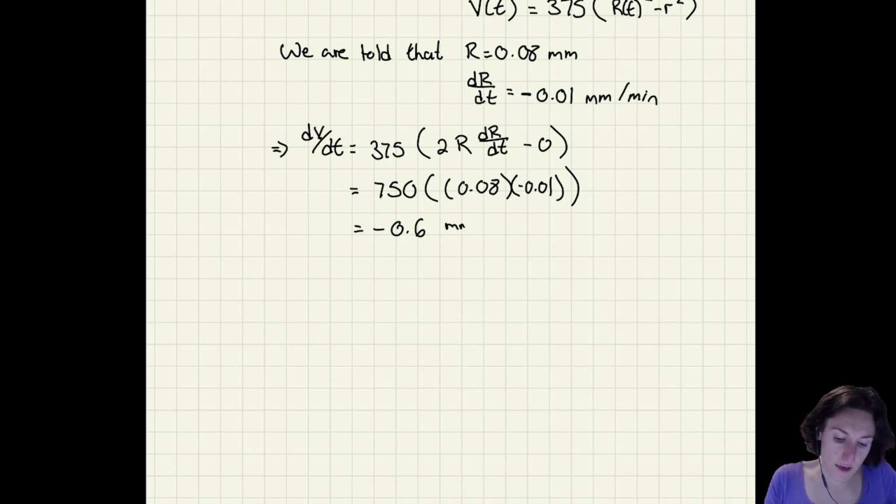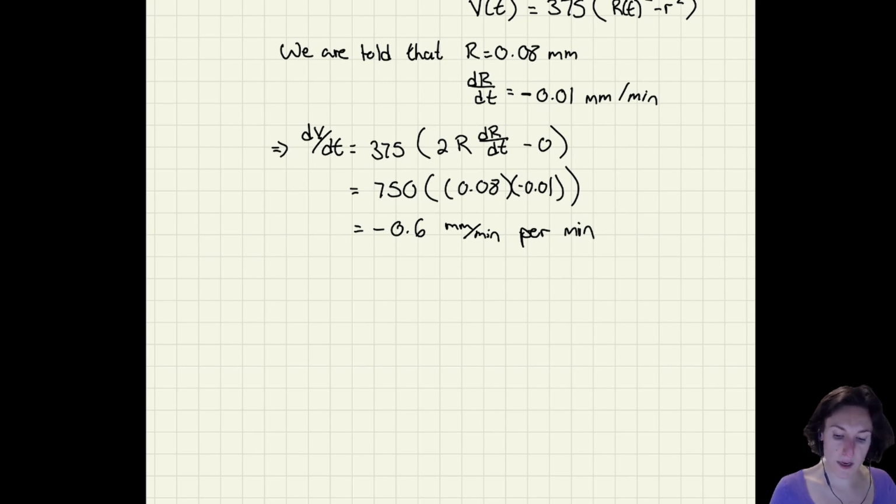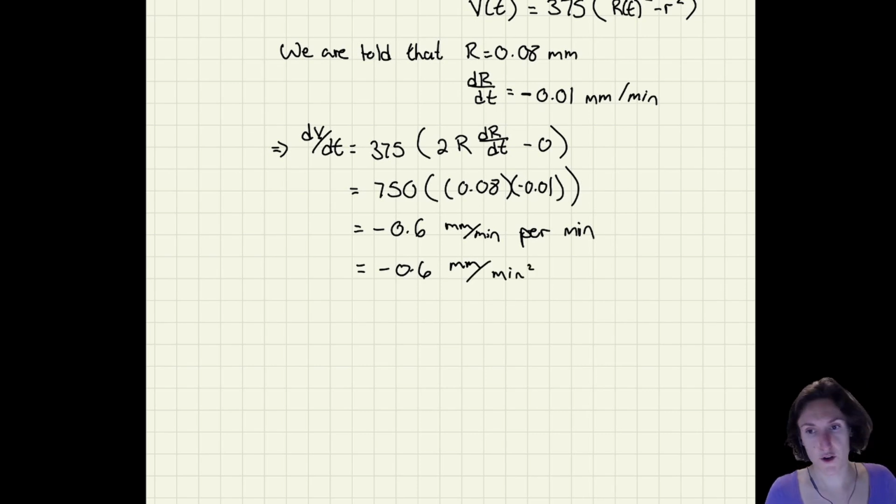So we have millimeters per minute for the top quantity. But then I'm looking at the rate of change with respect to time, so this is millimeters per minute per minute. Remember, the rate of change of velocity is acceleration, so you can also think of it as millimeters per minute squared, if you want to write it that way. It's up to you. And since it's negative, it means that the velocity is going to be decreasing at that particular rate.